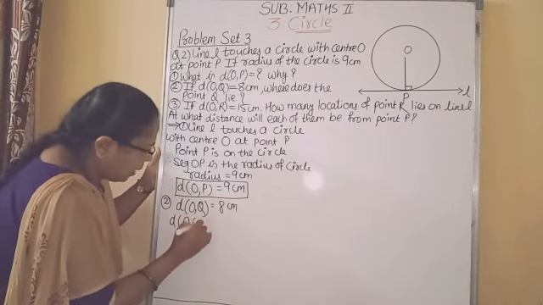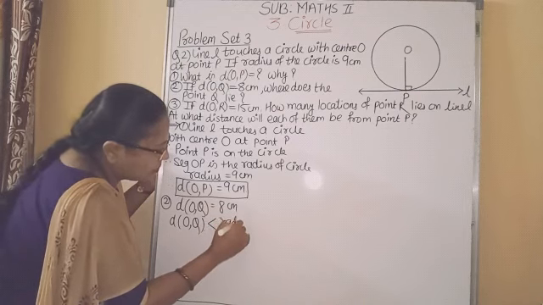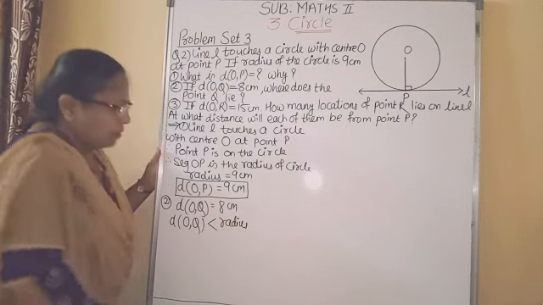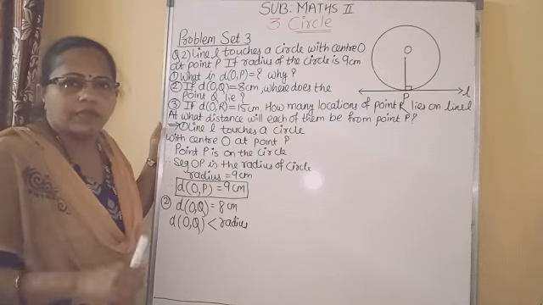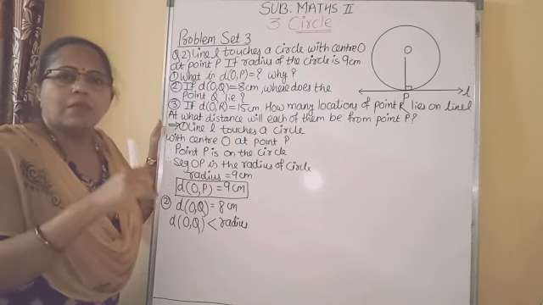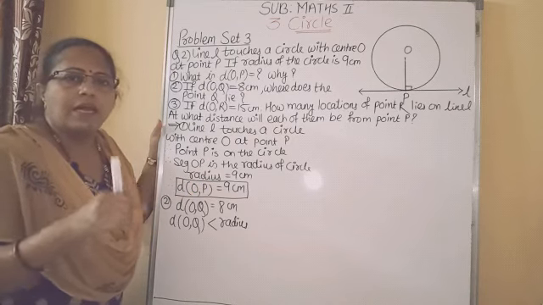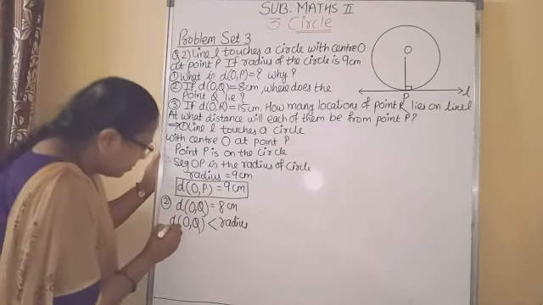Distance between O and Q is less than the radius. So we studied in 9th standard, if the distance of any point from the center is less than the radius, then the point lies in the interior of the circle.